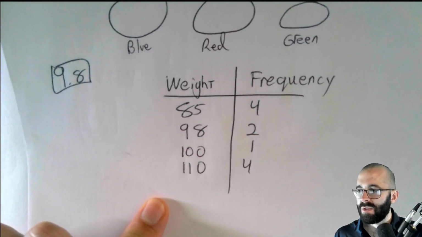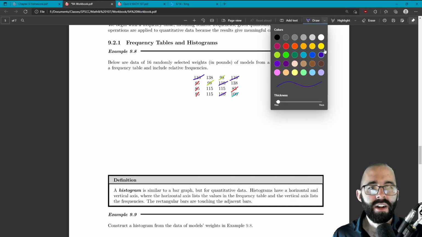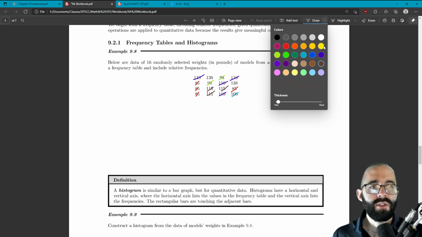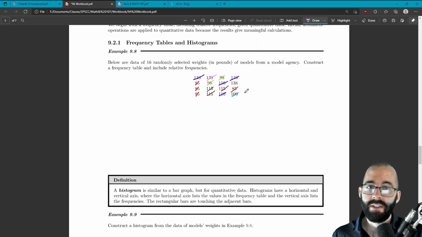And then we go up to the last one and say, what's the last one? 115. It's not the last one, Jason. Nice try. That's not going to show up for sure. 1, 2, 3 115s. And the last one is 138, of which there are 2 of them. Okay, so write down 138, and 2.